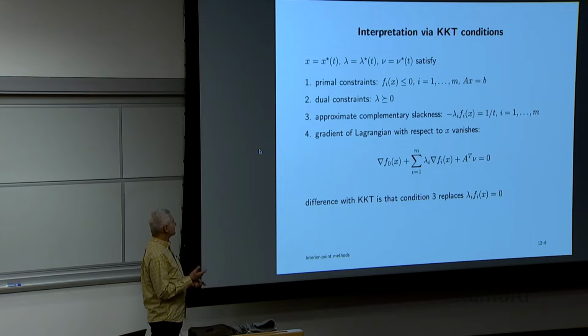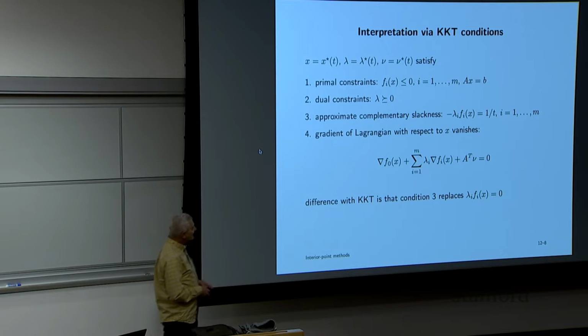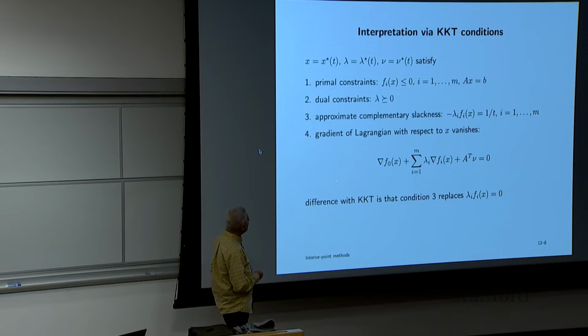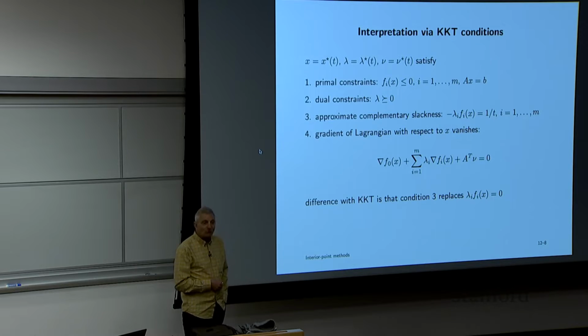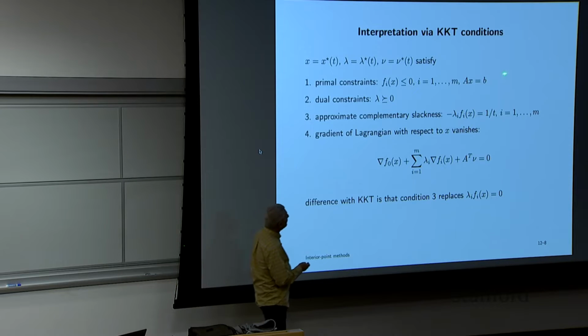So, that's fine. Now if you stare at this and say, what's the difference between this and the KKT conditions of the original problem? There's only one difference, and it's really small. It's right here. This is the complementary slackness condition, and in the real KKT conditions, if lambda i f_i were 0, then these would literally be the optimality conditions for the original problem.